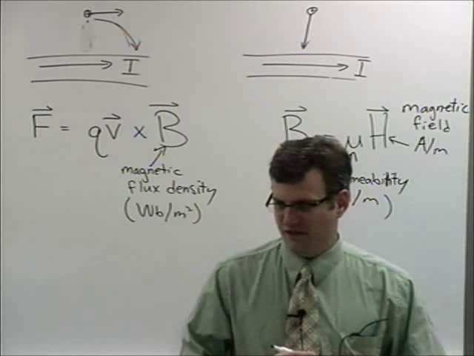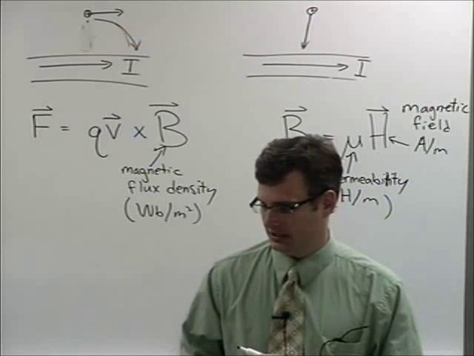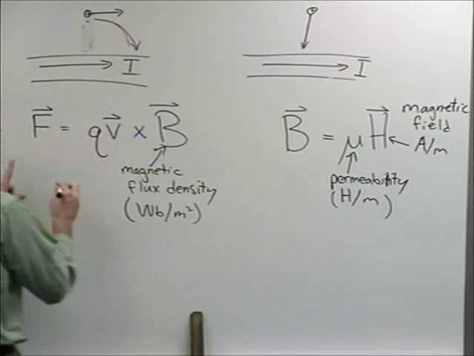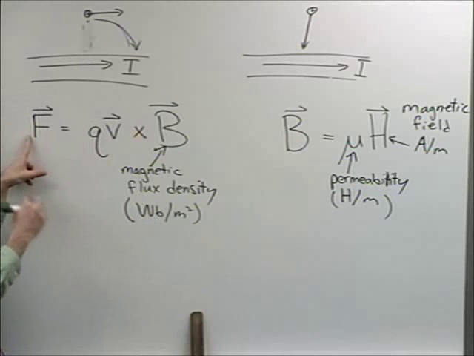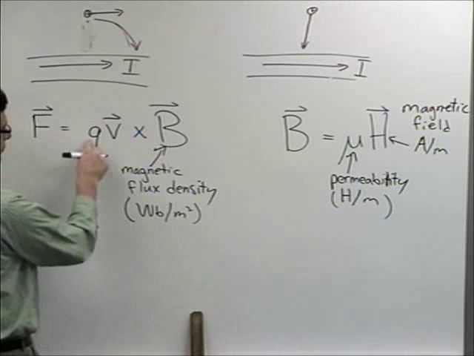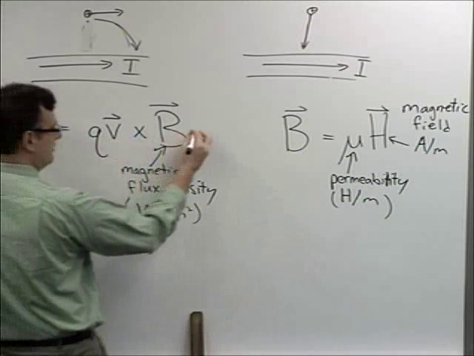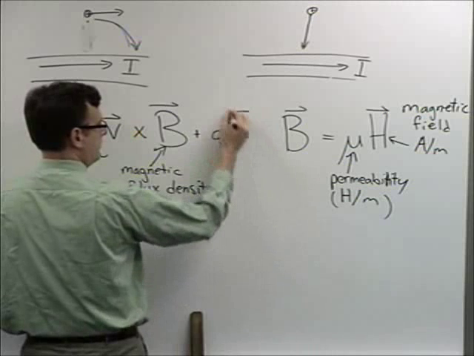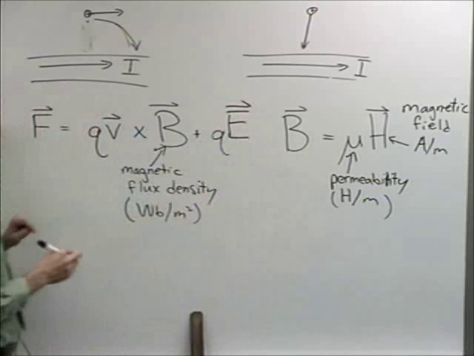Now, if you are a physicist, you hate this, because a physicist says the total force on a charge is really just equal to q times velocity crossed into B, plus that charge itself times the electrostatic field.